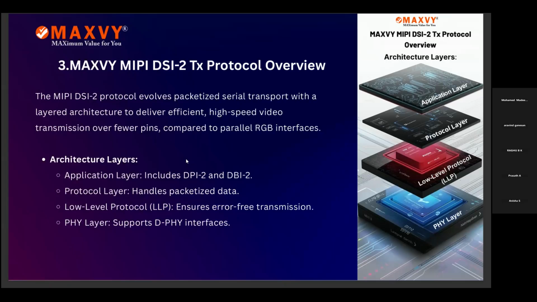Then the low level protocol layer ensures reliable, error-free transmission. And the last one is the PHY layer, which handles the physical signaling using D-PHY physical interfaces. This architecture enables high-speed display communication with fewer pins compared to older interfaces. And these are the protocol overviews which have been applied in the MAXVY DSI-2 Tx IP. And let's move on.